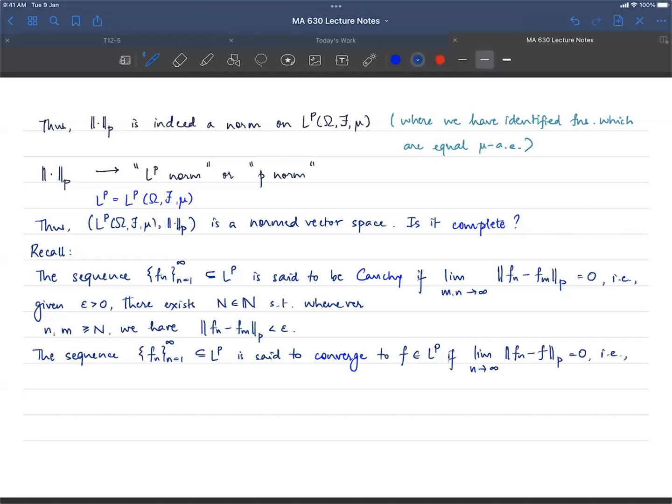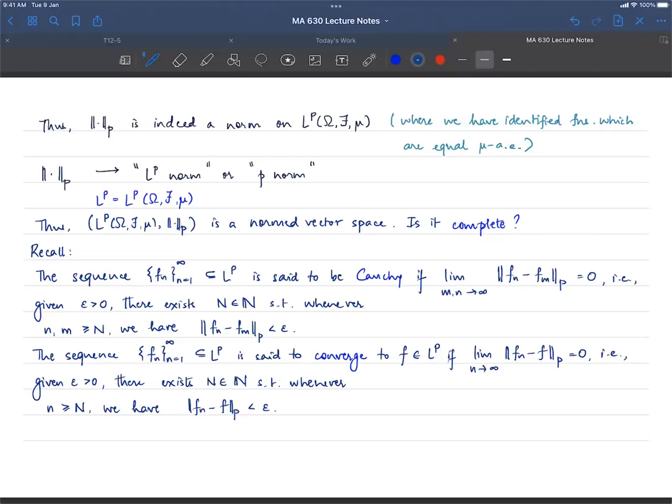Put another way, i.e., given epsilon greater than 0, there exists N in the natural numbers such that whenever n is greater than or equal to capital N, we have the norm of f_n minus f in L^p less than epsilon.